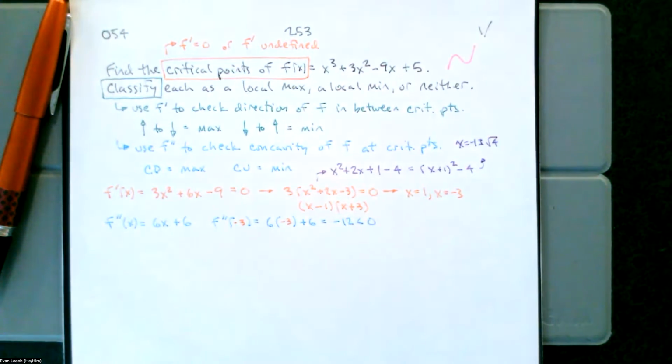So this tells us that the function is concave down when x equals -3. And that makes us believe that f has a local maximum, sorry, yes, maximum at -3.